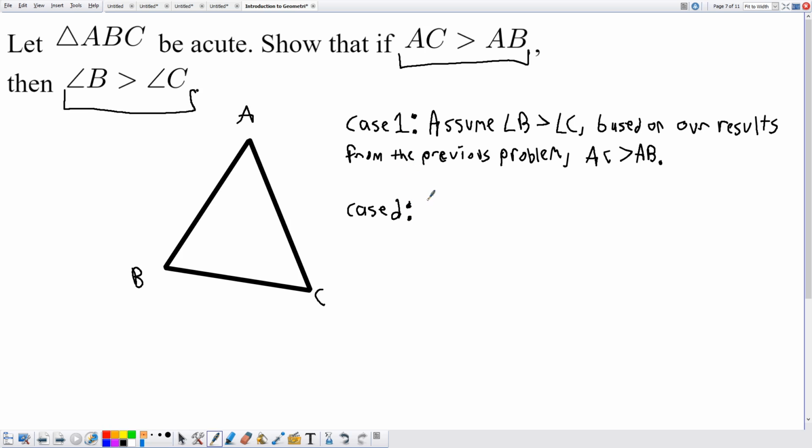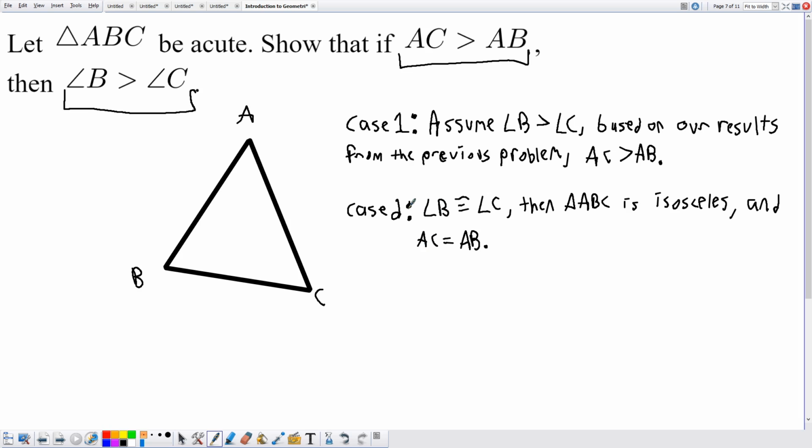What if angle B is equal to angle C? What if they were the same angle? What if they're congruent? Well, then triangle ABC is isosceles. And AC would have to be equal to AB because it's an isosceles triangle.